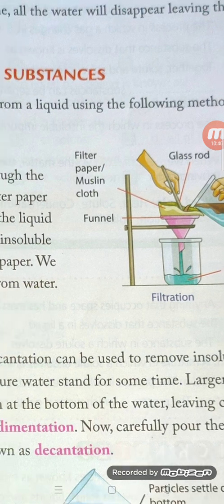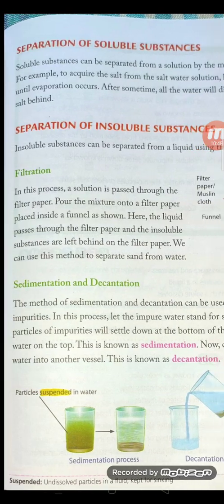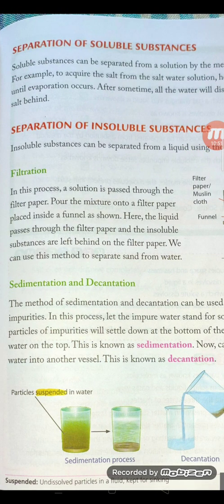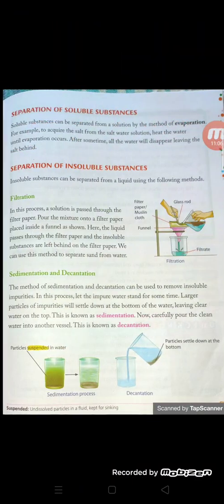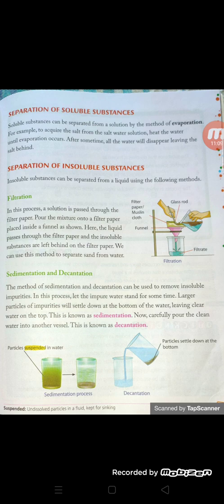Now here the liquid passes through the filter paper and the insoluble substances are left behind on the filter paper. We can use this method to separate sand from water. If there is a mixture of sand and water, water will easily pass through the filter paper, whereas the sand will be left behind on the filter paper.